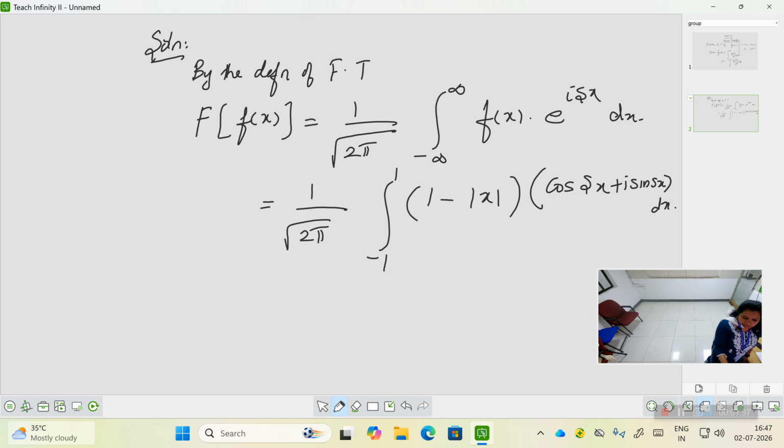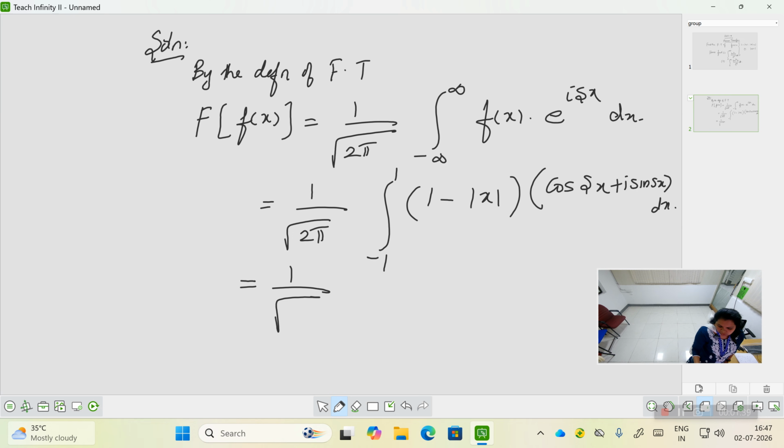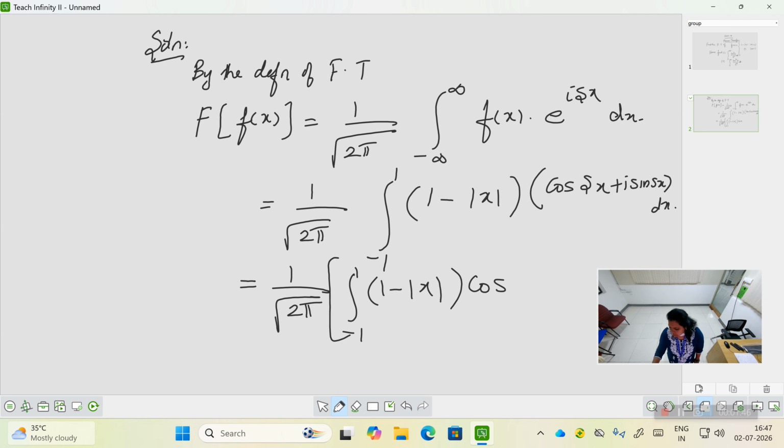Now multiply the terms inside. So 1/√(2π) ∫ from −1 to 1 of (1 − |x|) cos sx dx plus i ∫ from −1 to 1 of (1 − |x|) sin sx dx.